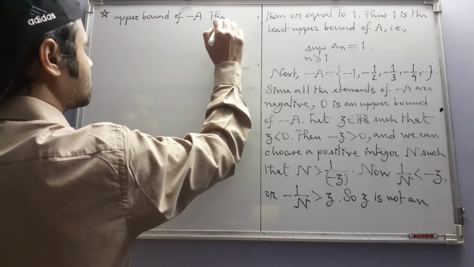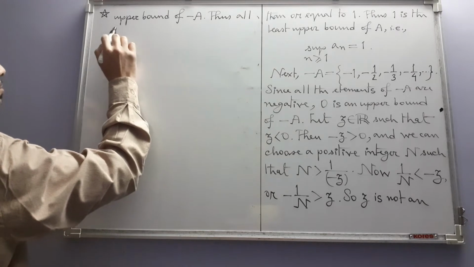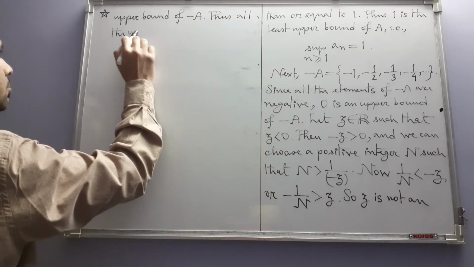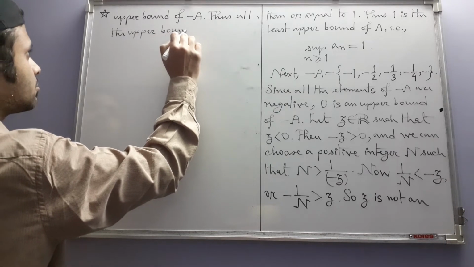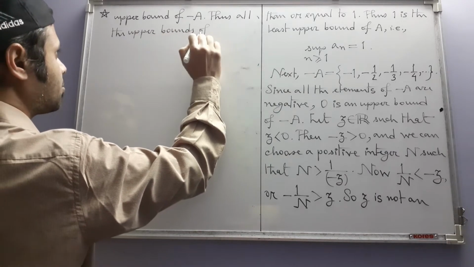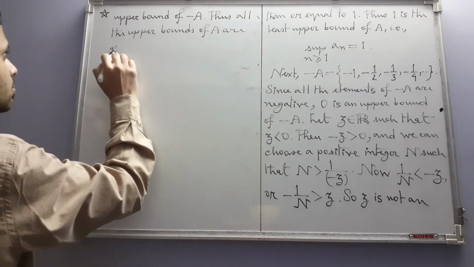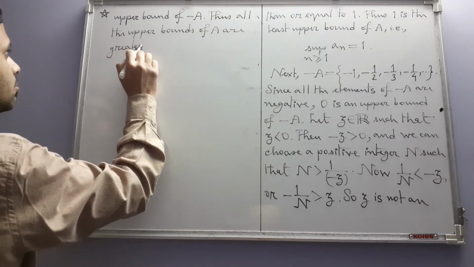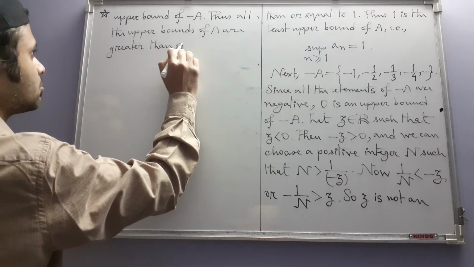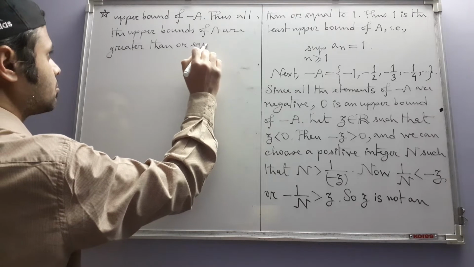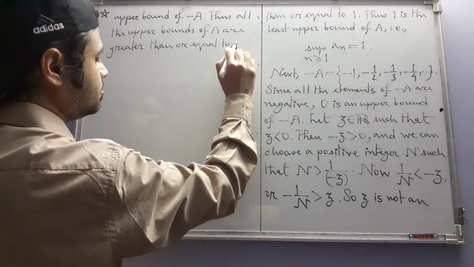Thus, all the upper bounds of minus a are greater than or equal to 0.